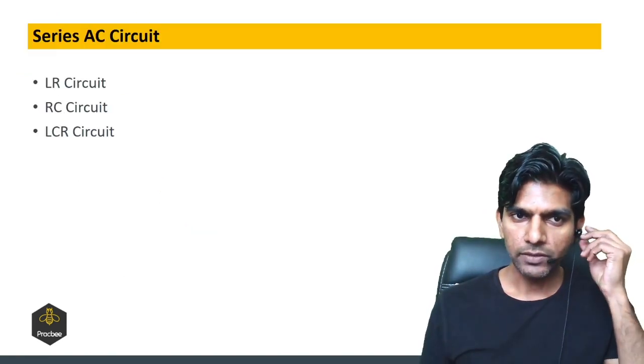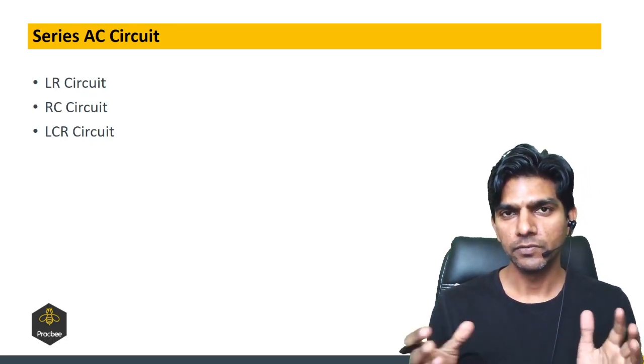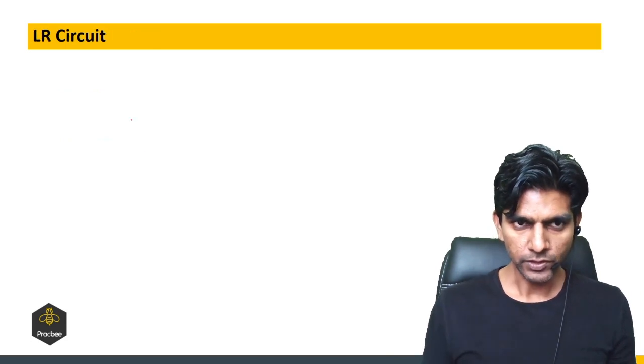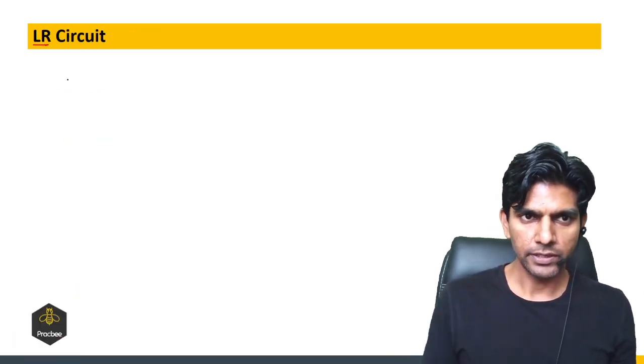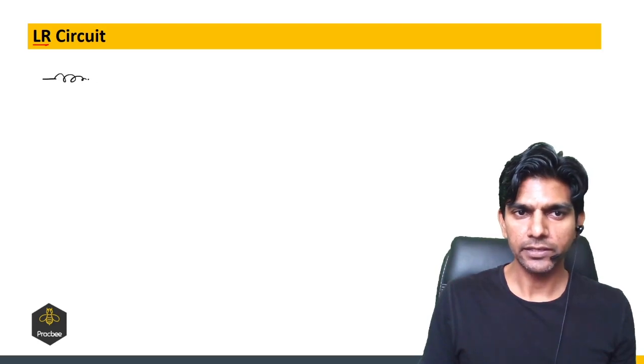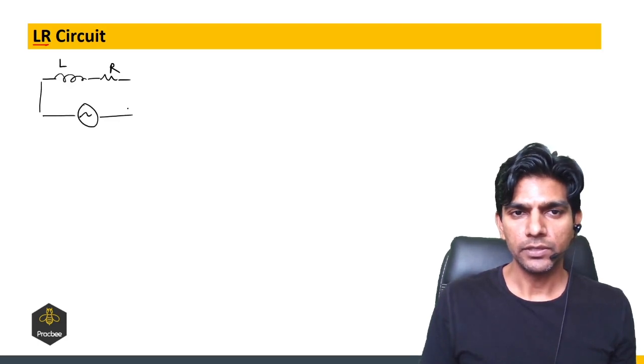Right, so now let us see what happens if we have two components in a circuit connected with an AC source. First we'll see the LR circuit. In the LR circuit, we have an inductor and a resistor connected in series with an AC source.